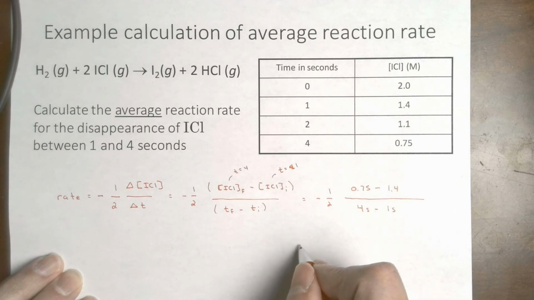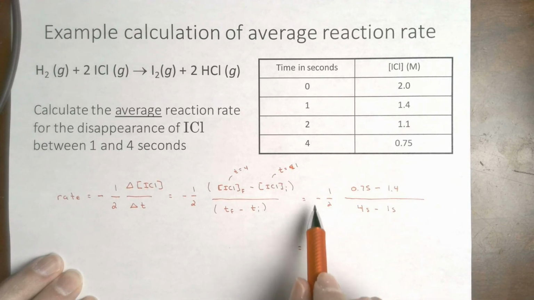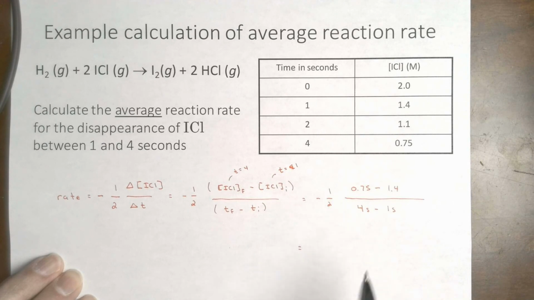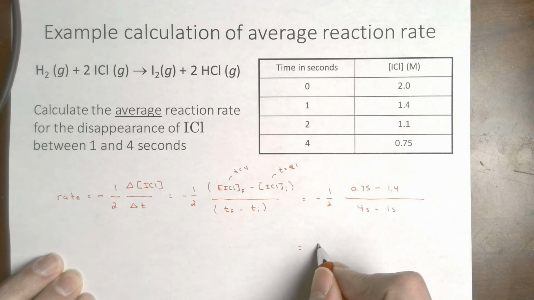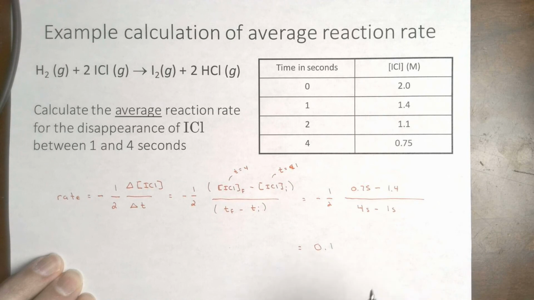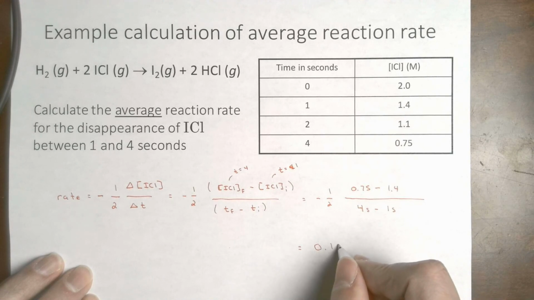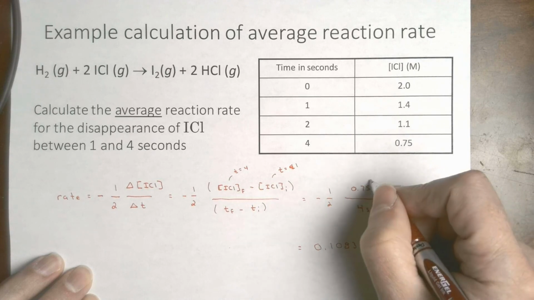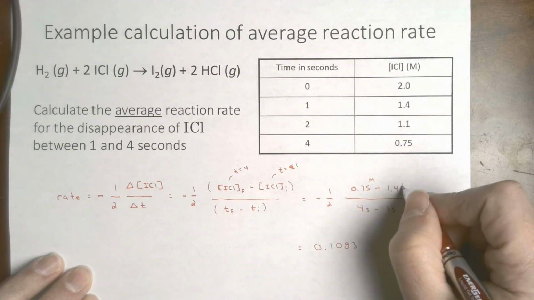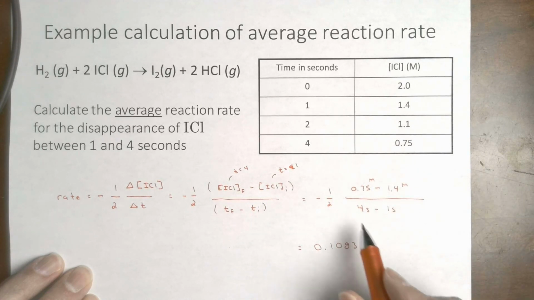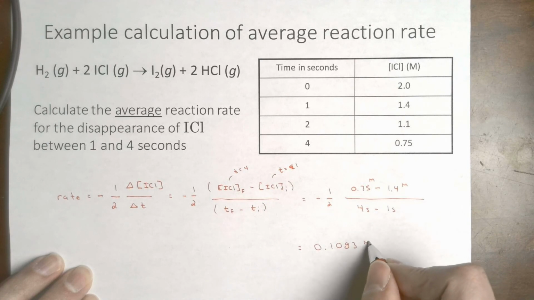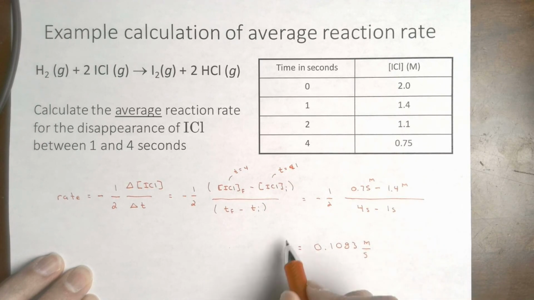Whenever you plug that into your calculator, don't forget to factor in the minus 1/2. You find that the average rate of reaction between 1 and 4 seconds is 0.1083. What are the units? The concentration is in molarity and the denominator is in seconds, so it would be molar per second.